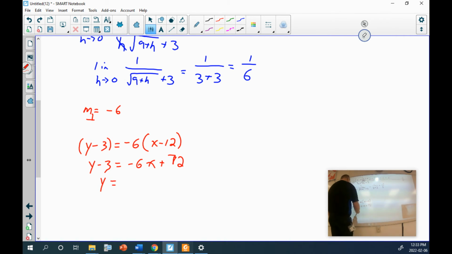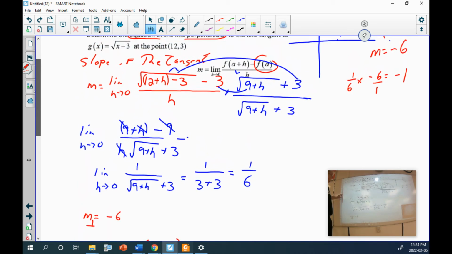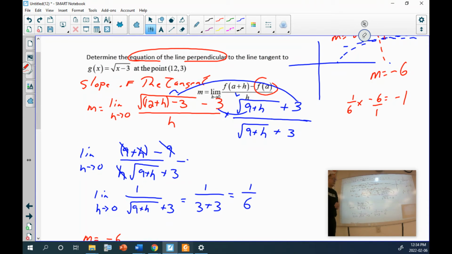And there is our line perpendicular to that tangent at the point (12, 3). The only thing that's different about that than the last two questions is I asked you for the line perpendicular. Extra little bit of work to throw in.